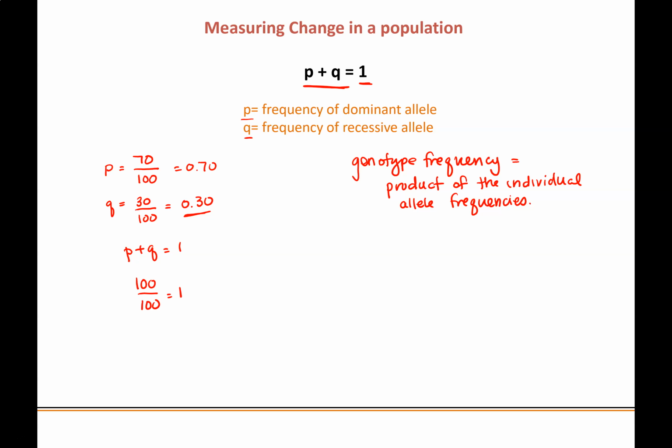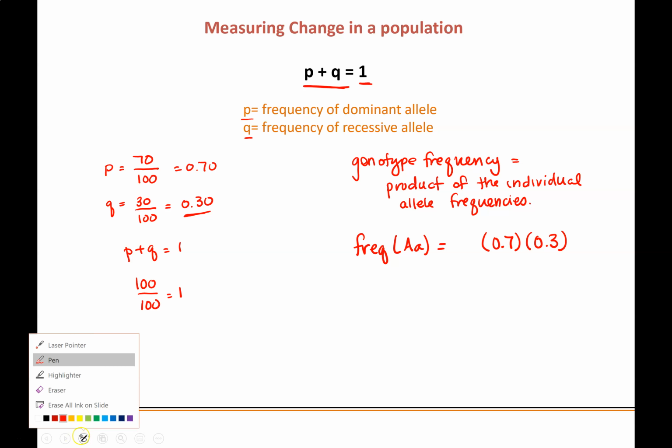Now we can do the same thing for the heterozygous individual. So the frequency of the heterozygous individual is going to be the frequency of the P allele times the frequency of the Q allele. But we want to point something out.